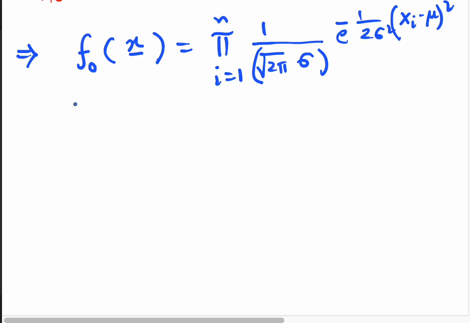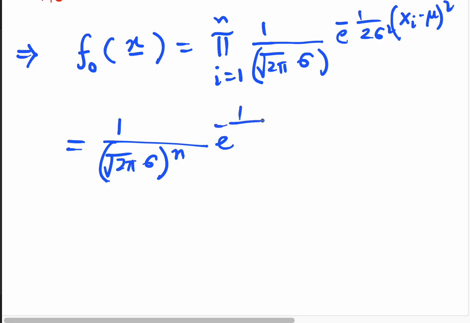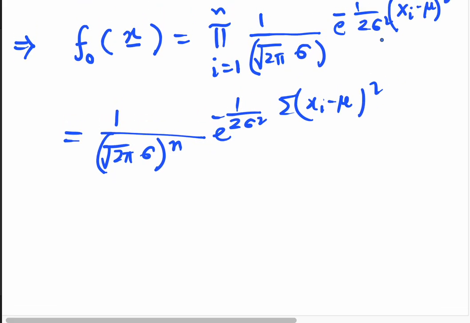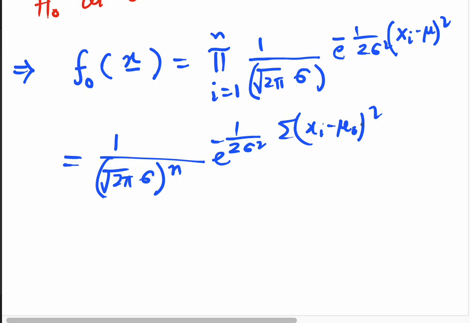So this will be 1 by root 2 pi sigma to the power n e to the power minus 1 by 2 sigma square sum of (xi minus mu0) square.